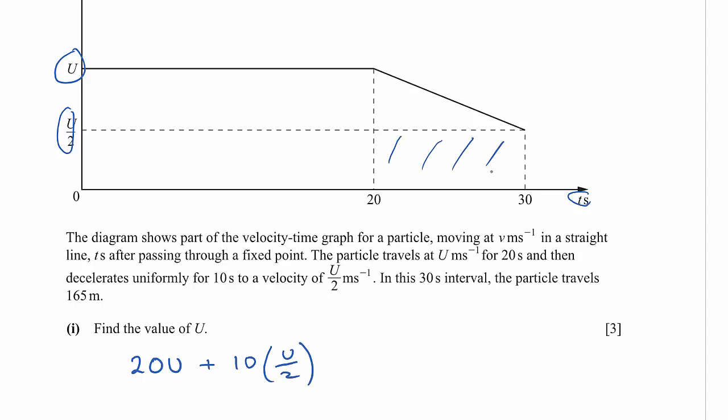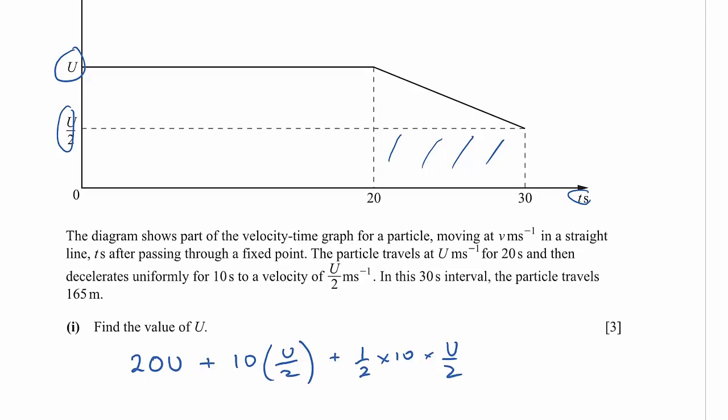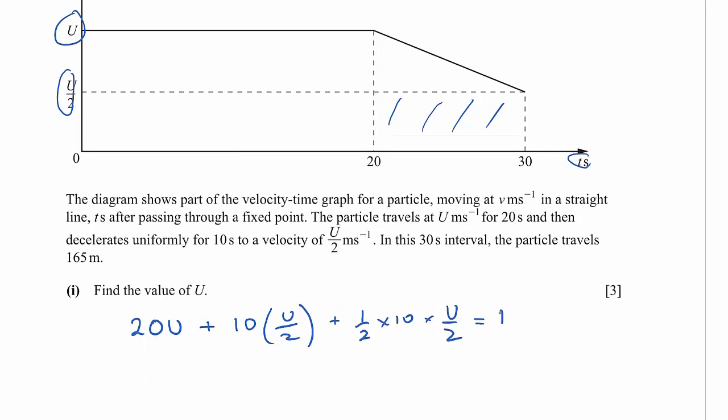So that's going to be 10 u over 2 for the area of this rectangle just here. And then we'll have a half times 10 times the height of that would be u over 2 as well, wouldn't it? And all of that must be equal to 165.